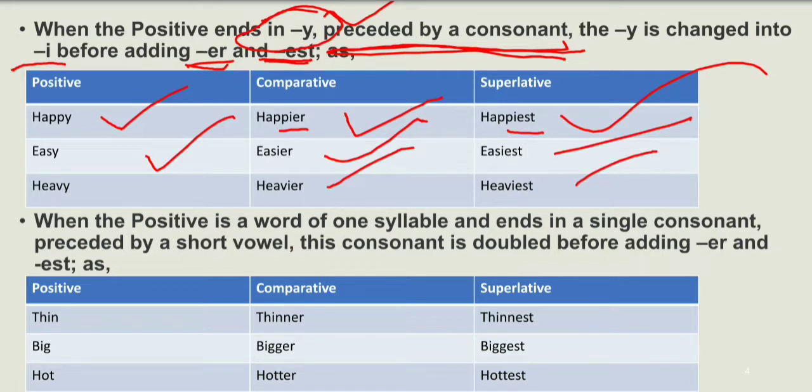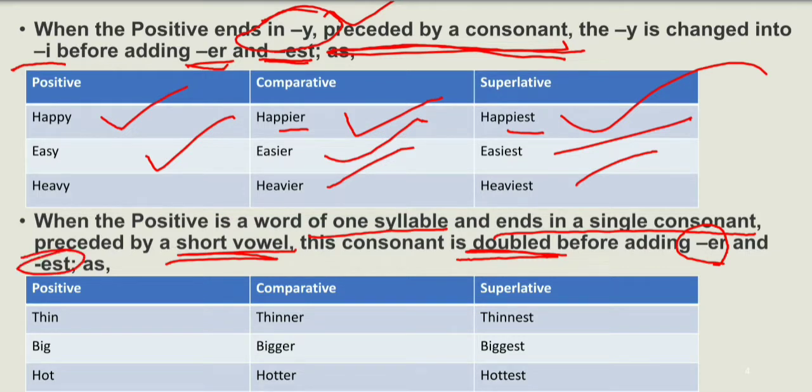Next, when the positive is a word of one syllable and ends in a single consonant preceded by a short vowel, this consonant is doubled before adding ER and EST.